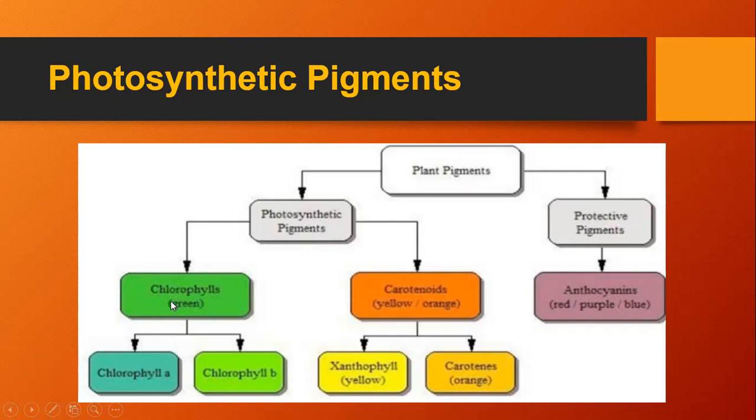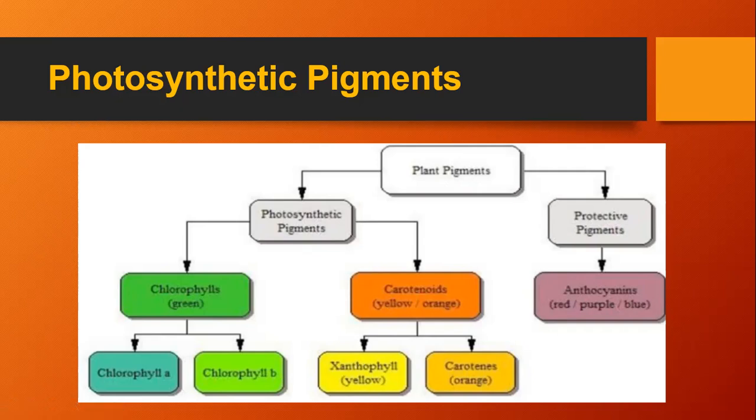So chlorophylls have two types, chlorophyll A and chlorophyll B, while the carotenoids can be classified into xanthophylls and carotenes. If you remember, chlorophyll A forms the primary pigment, while other forms of chlorophyll, chlorophyll B, and carotenoids form the accessory pigments.